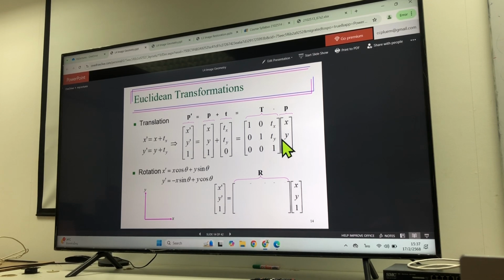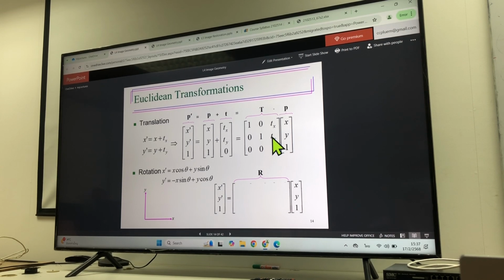This is the transformation. The last equation is nothing, it's just 0 plus 0 plus 1, which is 1. The reason we need the last one is to input the translation tx and ty.